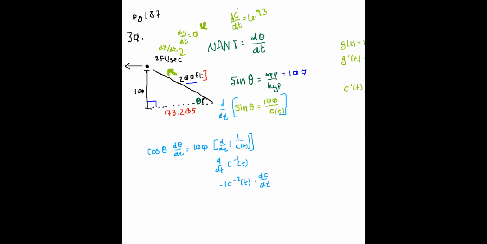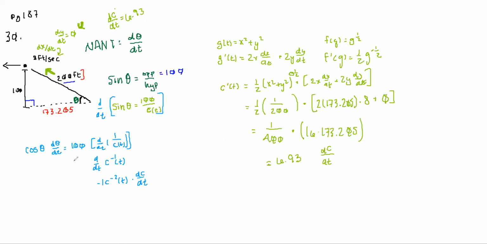Do you see what I just did? I think I just did implicit differentiation to figure out basically the derivative of this with respect to t, and I ended up with cos theta times d theta/dt, something I want very much, which is equal to 100 times negative 1 c to the negative 2 times dc/dt.